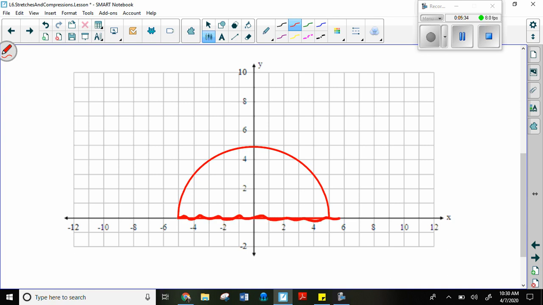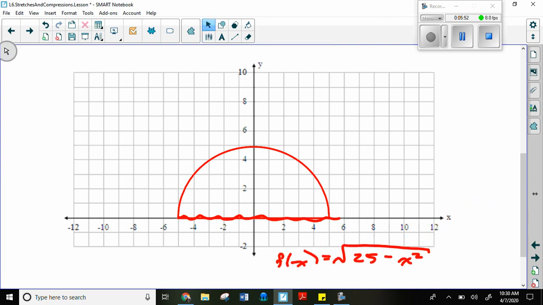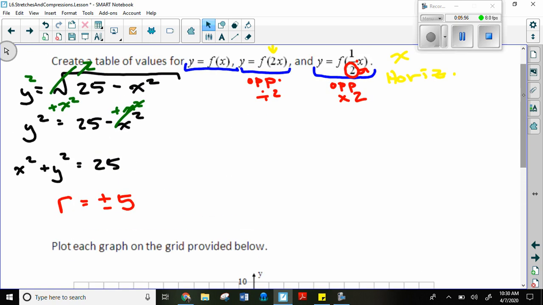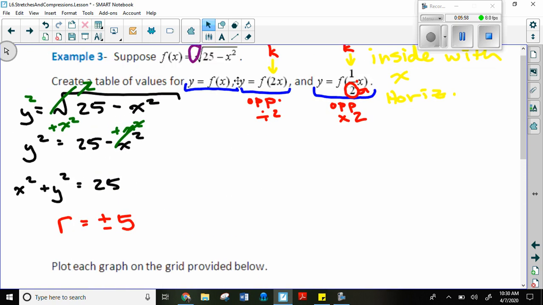Okay, so there is our graph of our parent function, or our base graph, sorry, my bad, which is f of x equals the square root of 25 minus x squared. Okay, so that is our base graph, and we are going to divide the x values because this is acting on x.